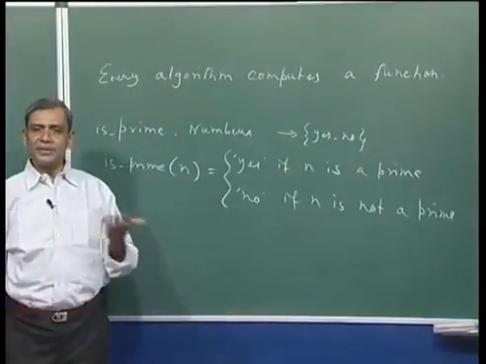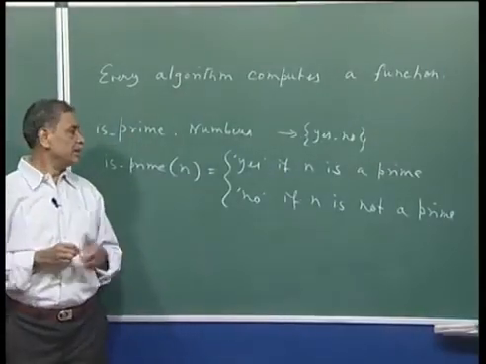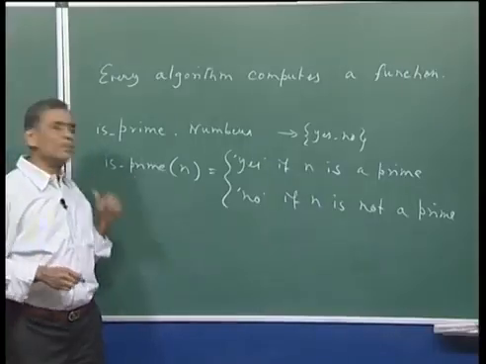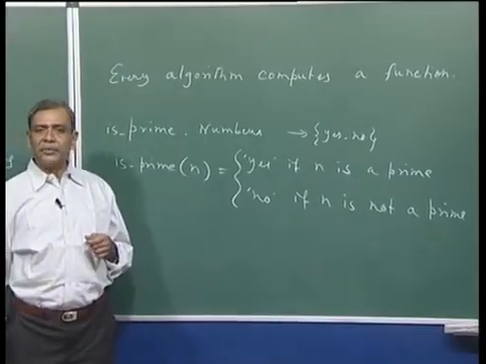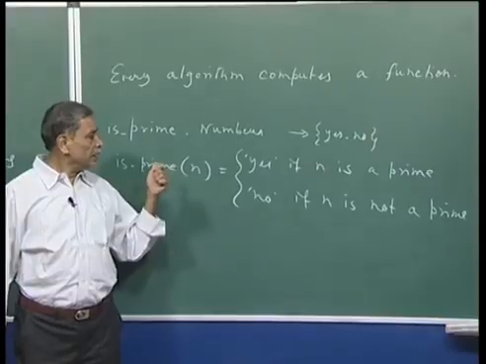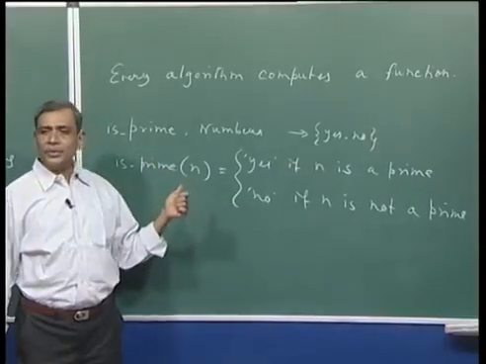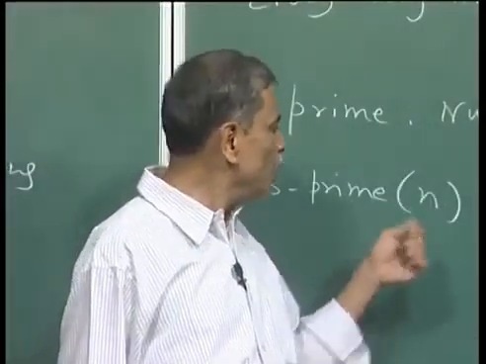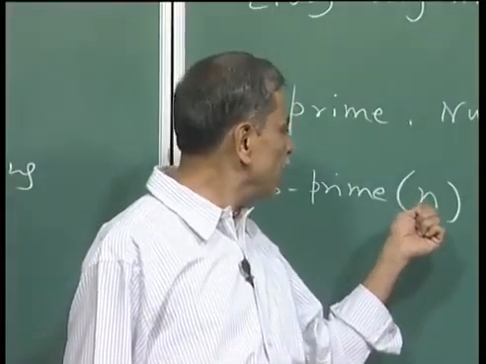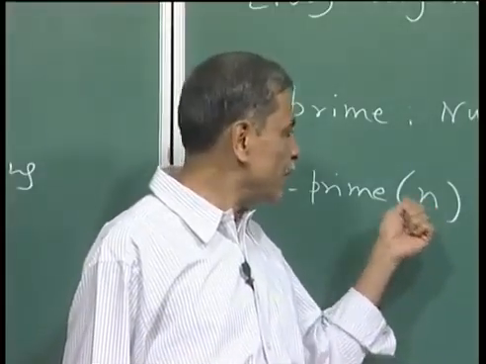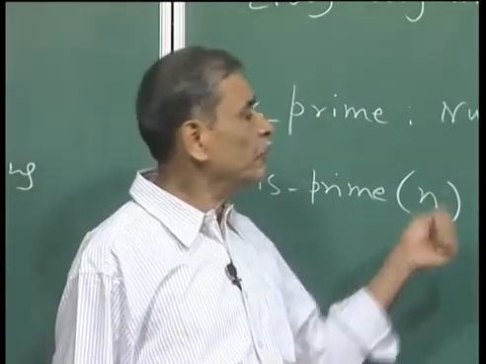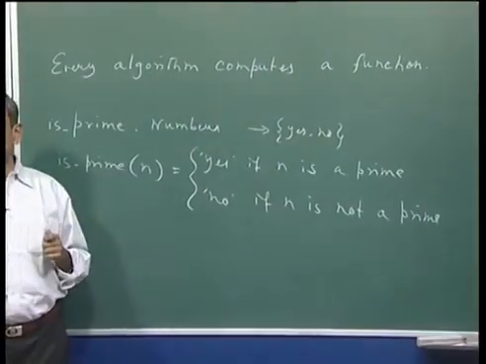And that would be, as you know, and you have surely written a program to compute this function, you will have to give an algorithm which will tell me how, given an argument n, which is a number, to figure out whether it is a prime or not.